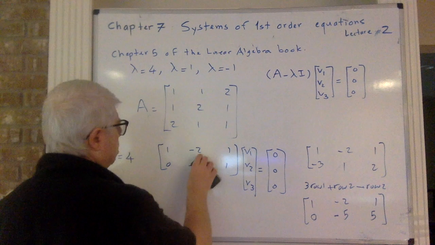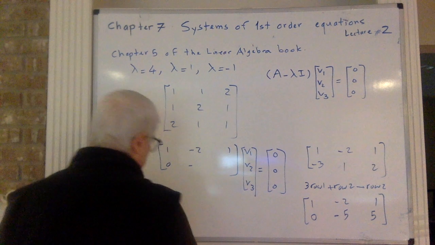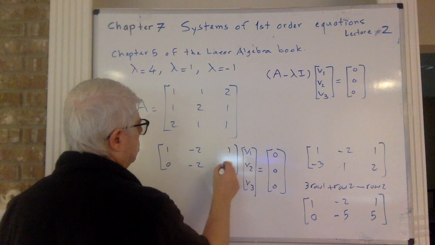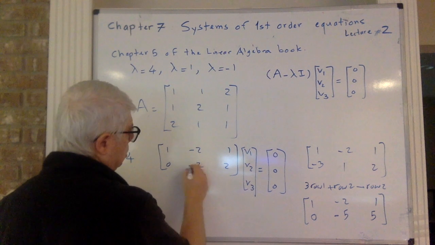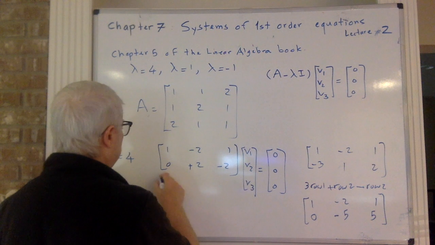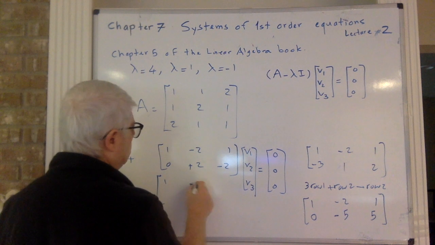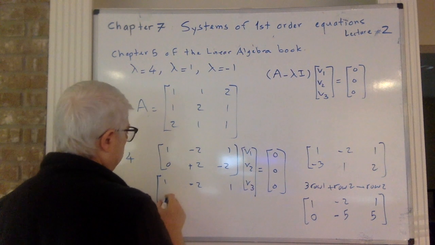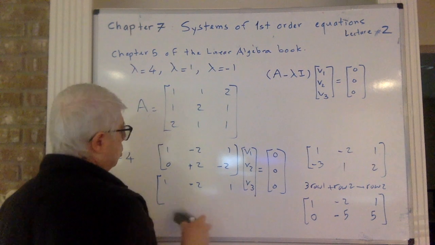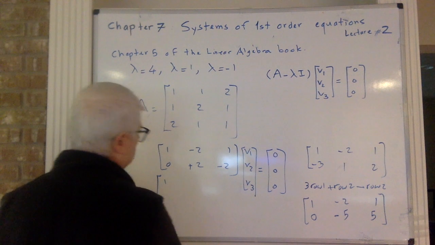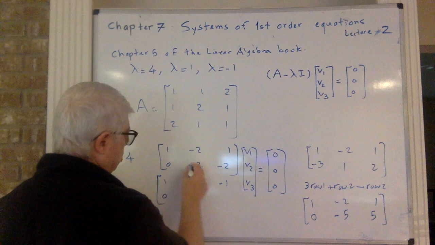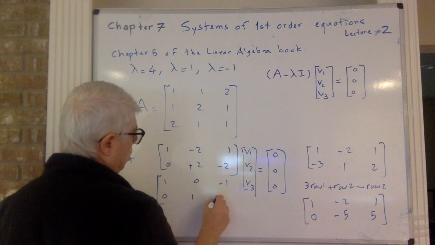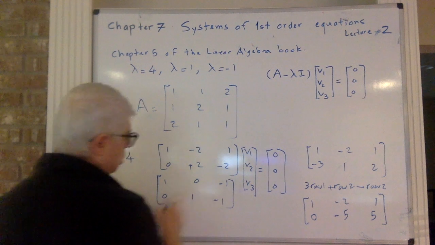What's the difference? Nothing. So let's add them, I'm adding this to the top one. So this is 1, 0, minus 1, and 0, 1, 1. Okay, so this is the matrix.